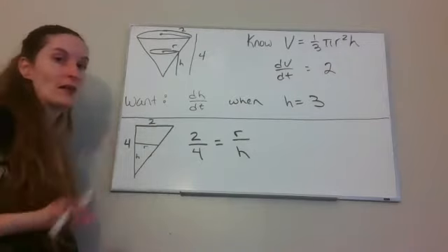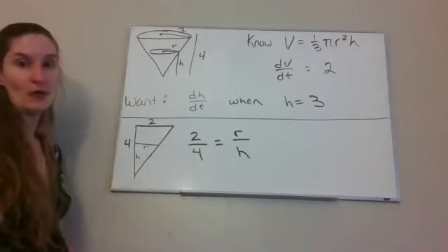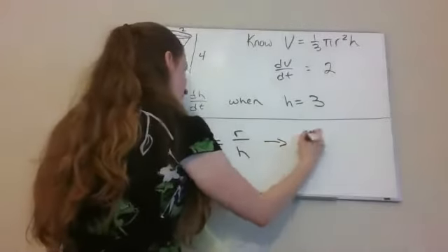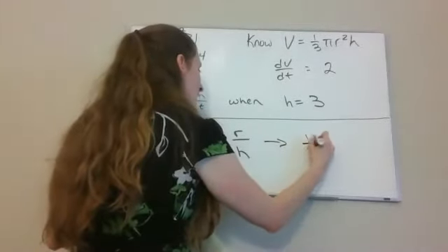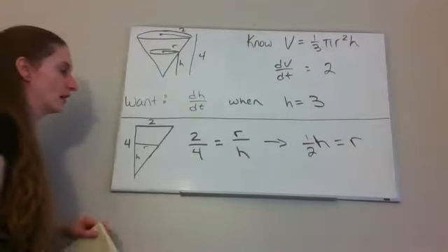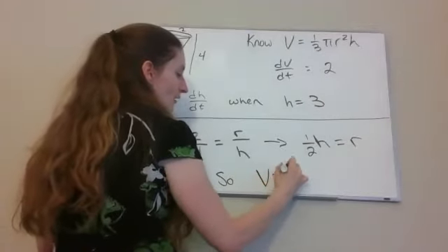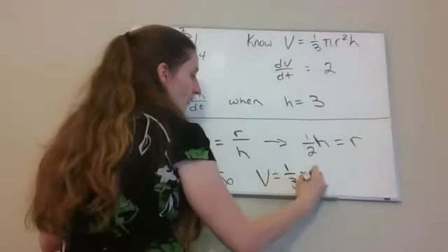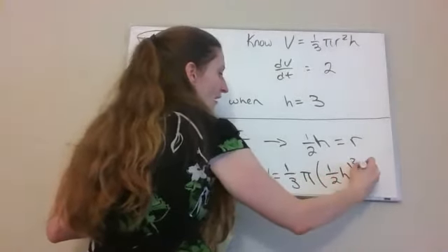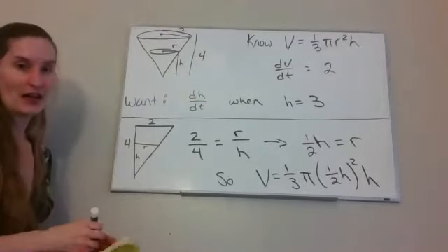Then I can rewrite my equation so it only has h's in it because all the info I know involves h. If I solve this for r, I get that 1/2 of h is equal to r. So that means that my volume equation can be rewritten as 1/3 pi times 1/2 h squared times h. And I can simplify that.